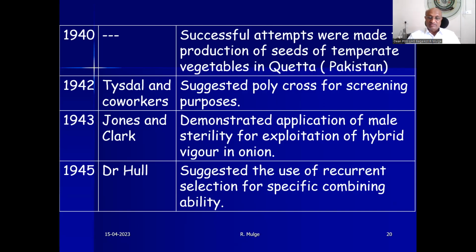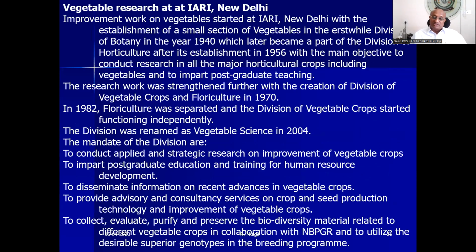When we start learning recurrent selection, we'll come to know how you can improve it. So hybrid breeding is very important. Heterosis breeding.